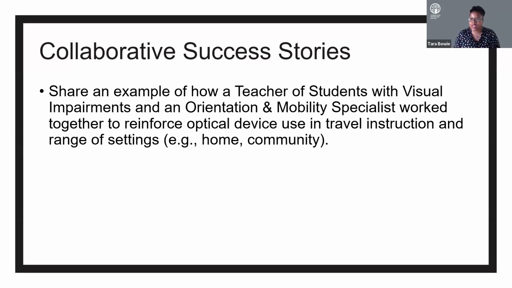It was one of the great ways to say, this is what we're working on with the monocular telescope. This is what we're doing with the video magnifier. Let's find ways that you can incorporate this within your lesson as well, but especially in the community. I would go out with CBI classes to make sure that all the other students are there as well, and we would just share those skills.